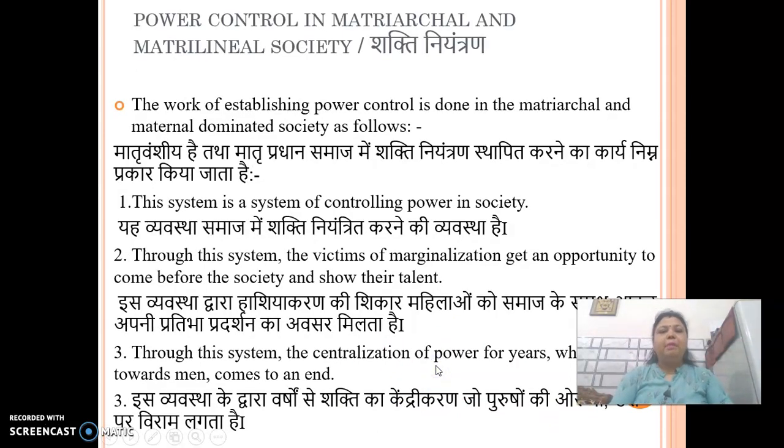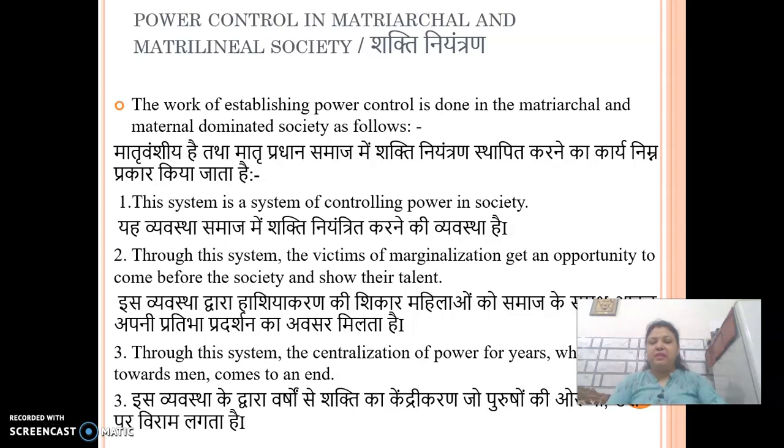Power control in matriarchal and matrilineal societies. The work of establishing power control in matriarchal and maternal dominated societies is as follows. This is a system of controlling power in society that is truly in the hands of women. Through this system, the victims of marginalization get an opportunity to come before society and show their talent.